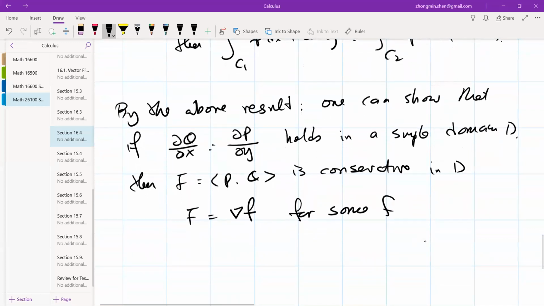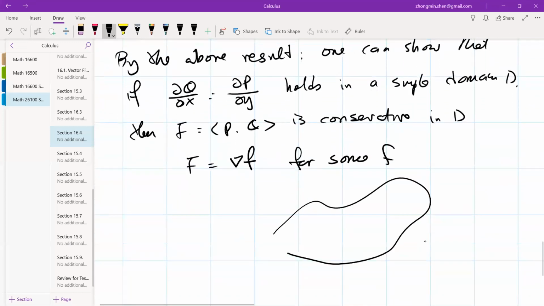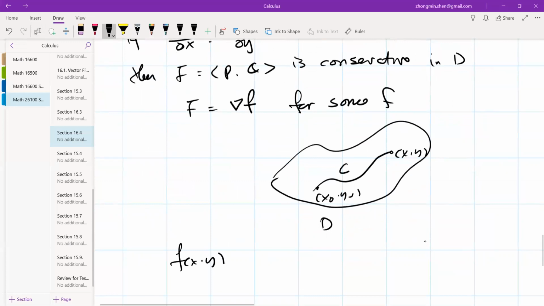Okay, so the construction is simple. This is D, and fix a point. Remember, and here's an arbitrary point. Then you can take a curve C, and my f(x,y) is going to be some constant K plus the line integral of P dx plus Q dy. But you have to show that this is independent of the choice of C from the fixed point to the given point.